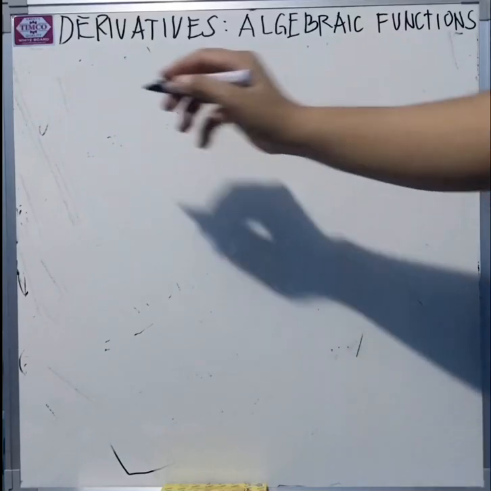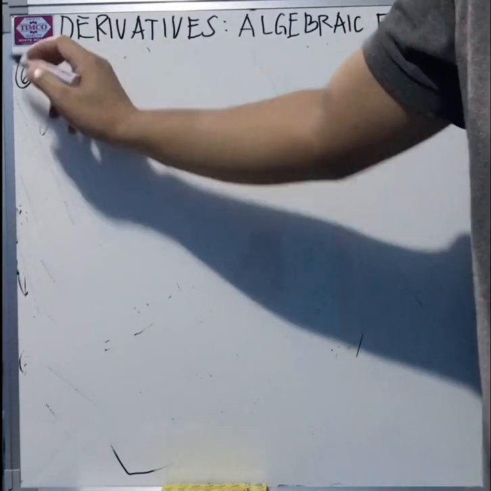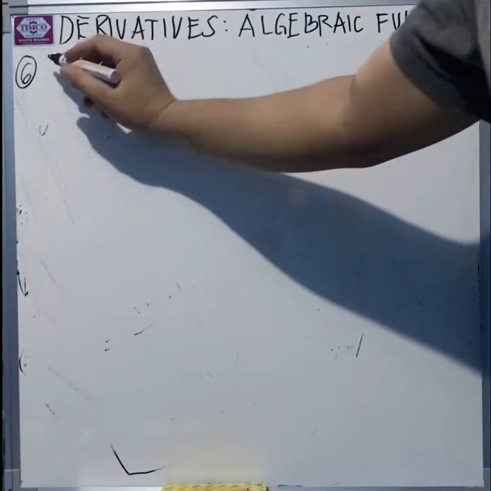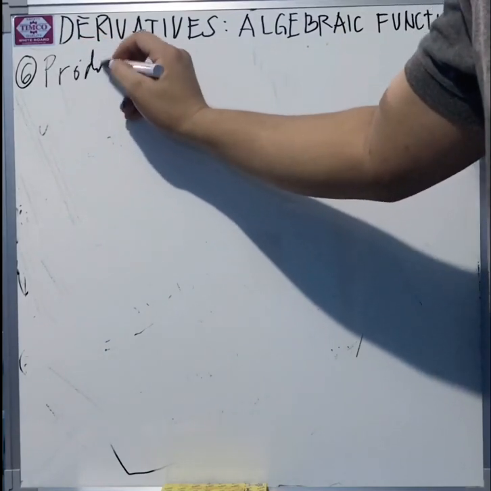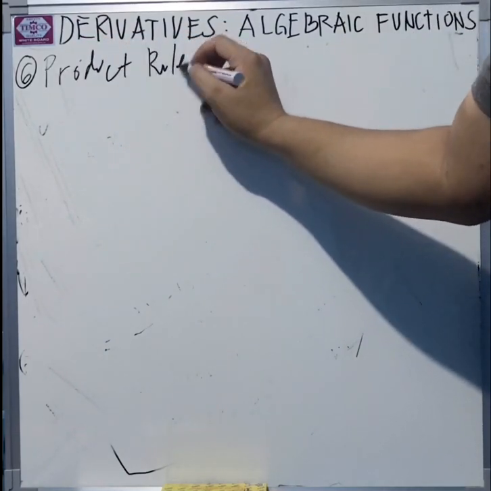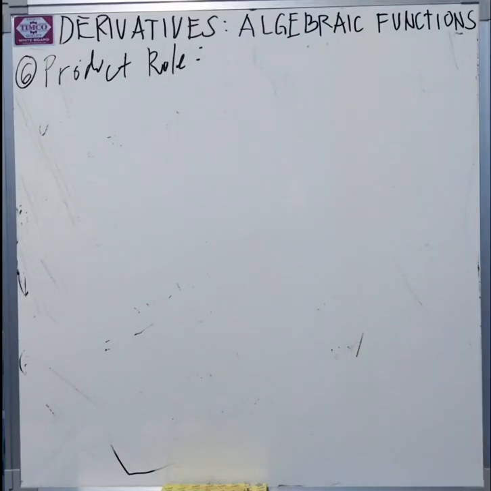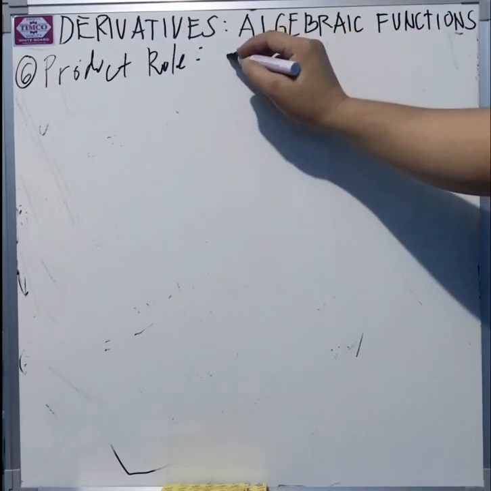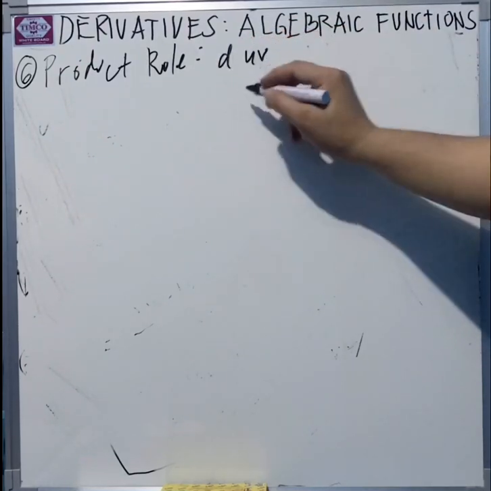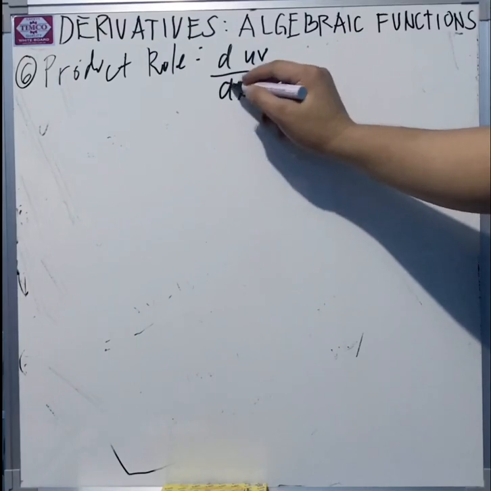Next rule natin, rule number 6. Diba? We have the product rule. Okay. So, if we have to multiply two algebraic functions, we have to find the derivative of u times v with respect to dx. Diba?